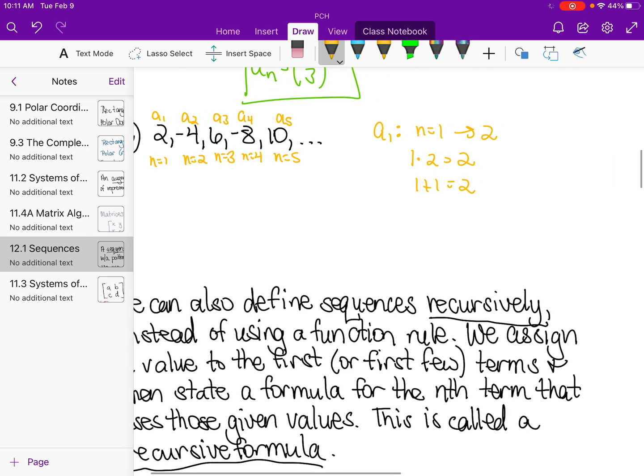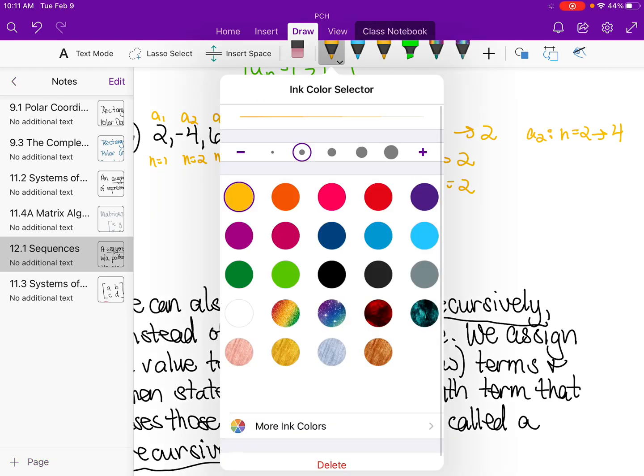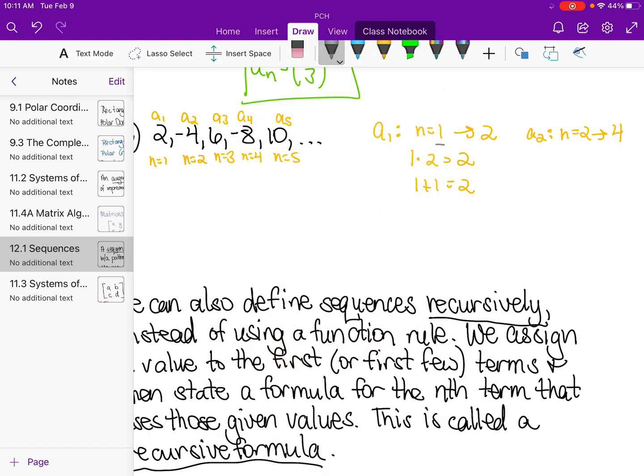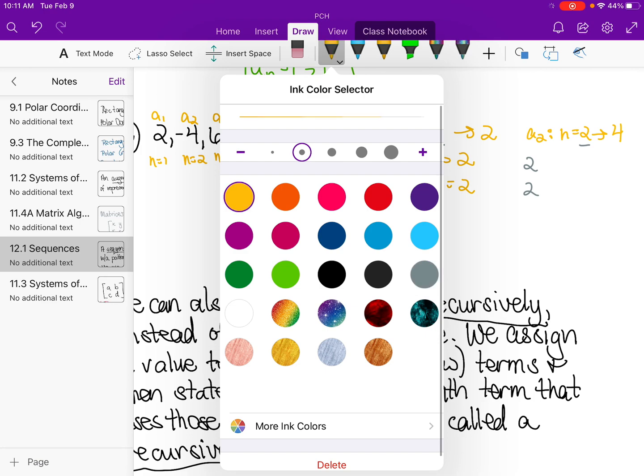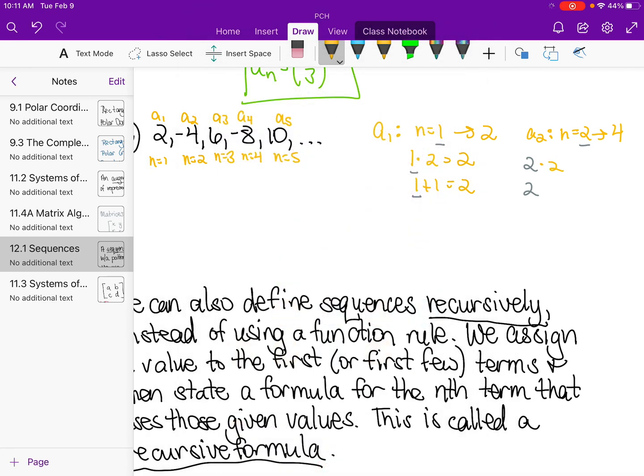So if I'm analyzing a 2, I'm plugging in a 2 and I'm getting out a 4. We're going to focus only on the number part. We'll deal with the negative in a minute. Well, if I do the n value, let me color code this. The n value times 2 or plus 1.